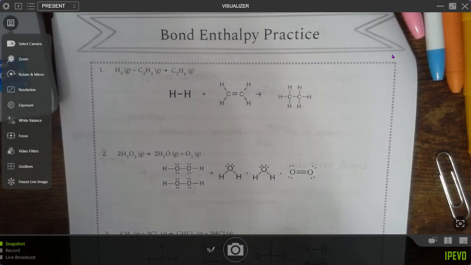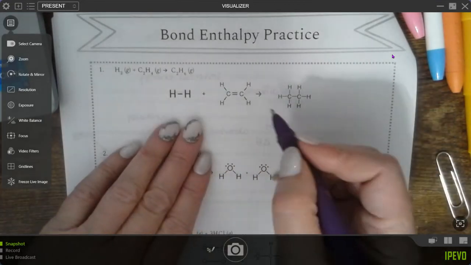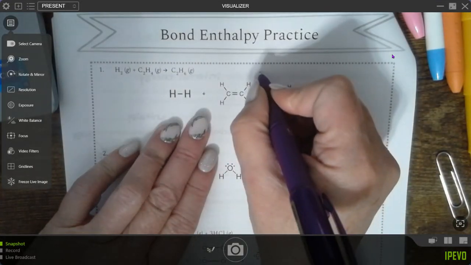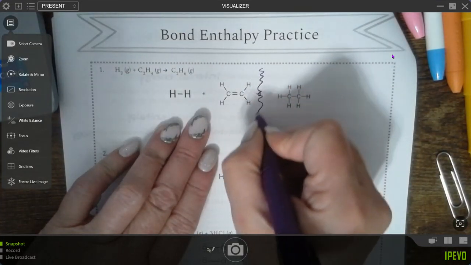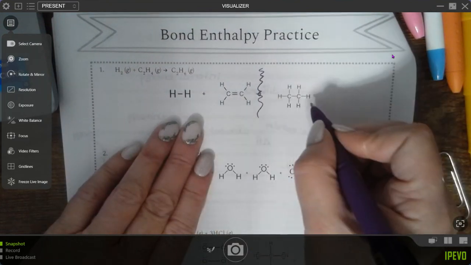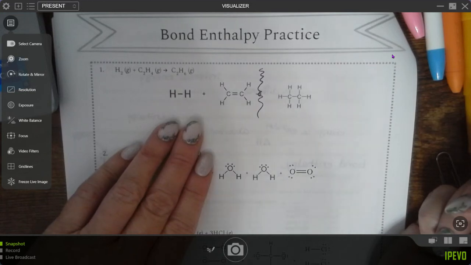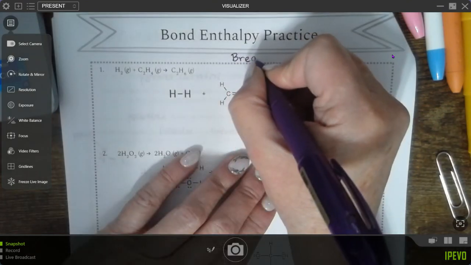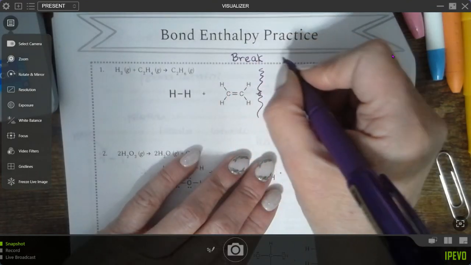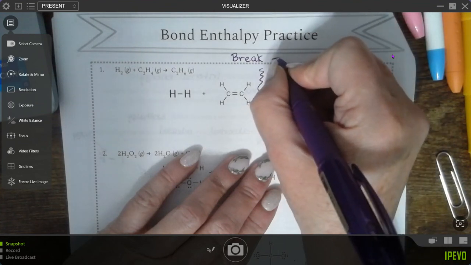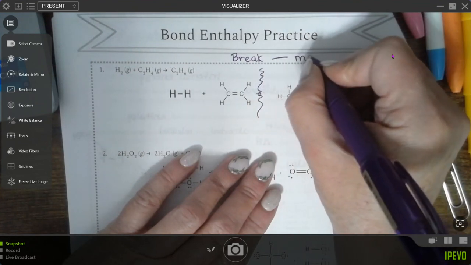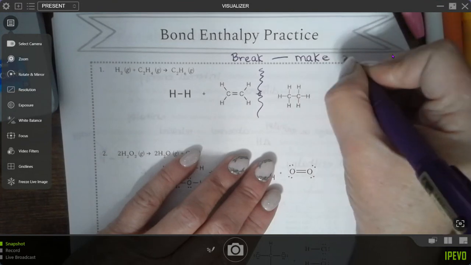Remember, here's our dividing line. We have our reactants and we have our products. We need to calculate the change in enthalpy, and to do that we take the energy it takes to break bonds and subtract the energy it takes to make bonds.